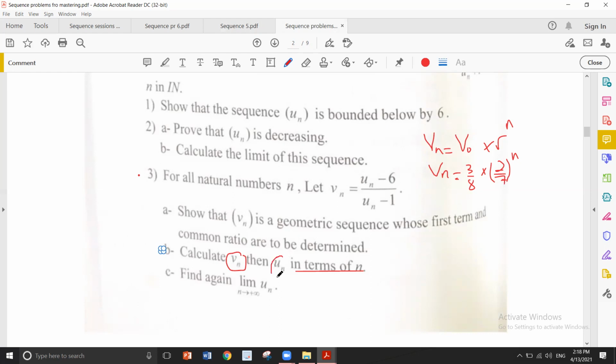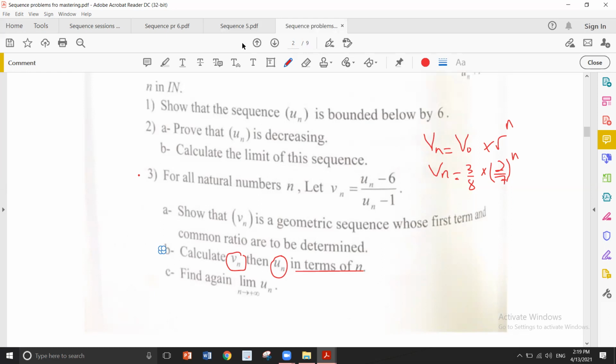Now then calculate Un. How to calculate Un? Thomas? Yes, what did you say, Haikaz? عندنا Vn equals Un minus 6 over Un minus 1. Okay.